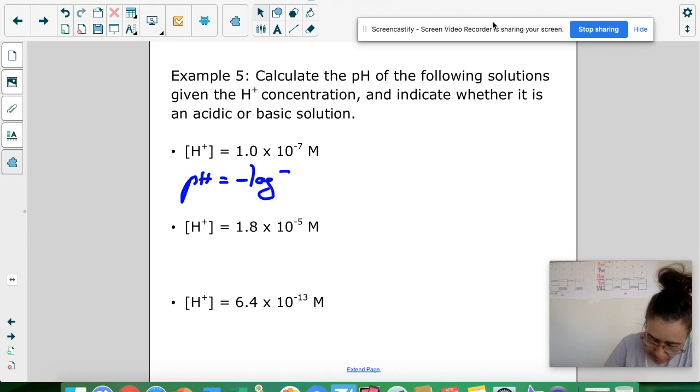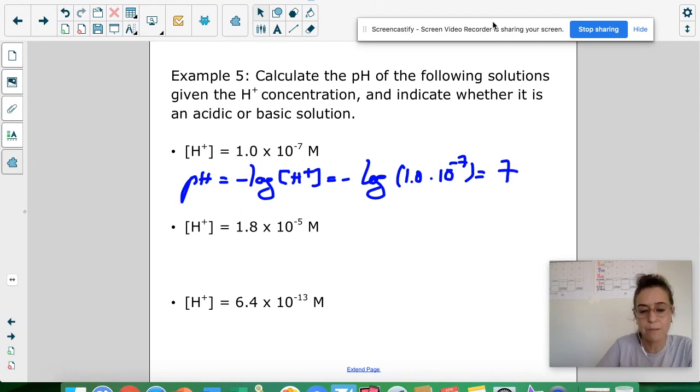So it's going to be the negative log of 1.0 times 10 to the negative 7. And the answer to this is 7. So that means that this solution is going to be a neutral solution.